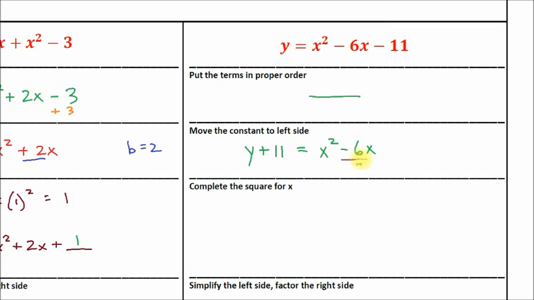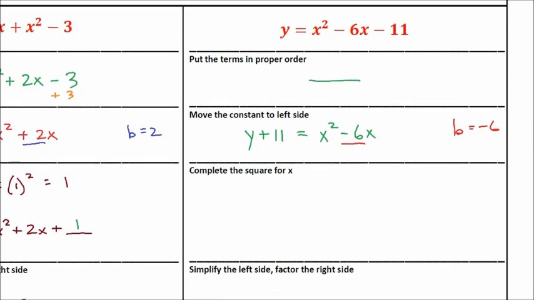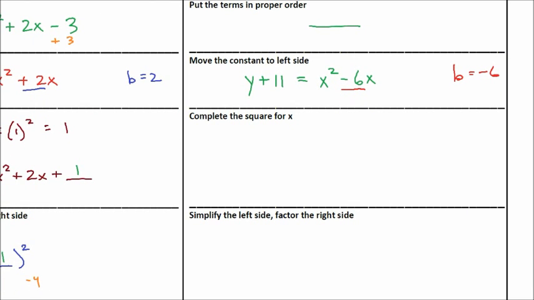By the way, in this case, once we move the constant, we know that our b value is going to be -6. Okay, next part, complete the square for x. You should have found in this step that when you did b over 2 squared, you would have ended up with 9.